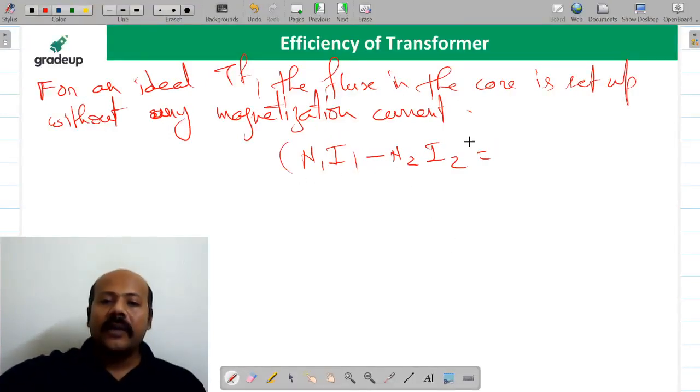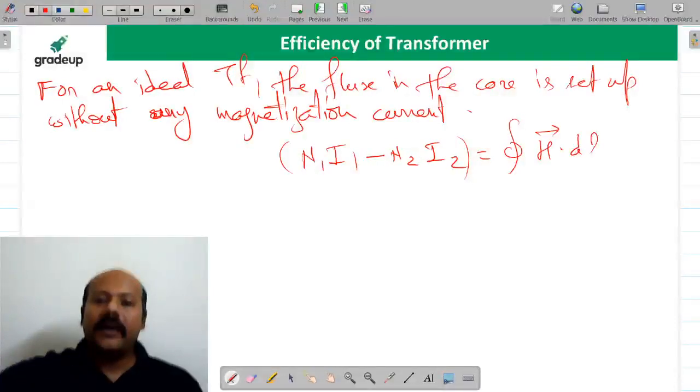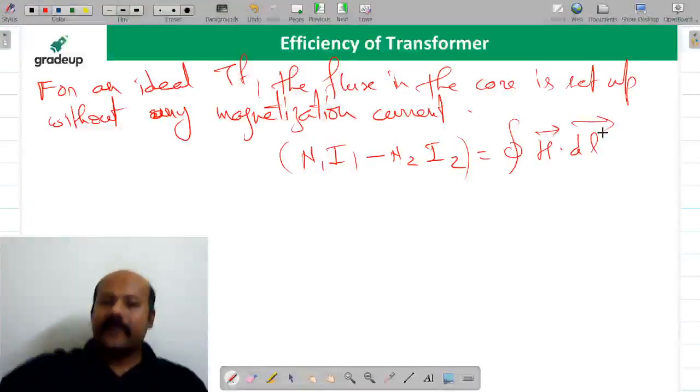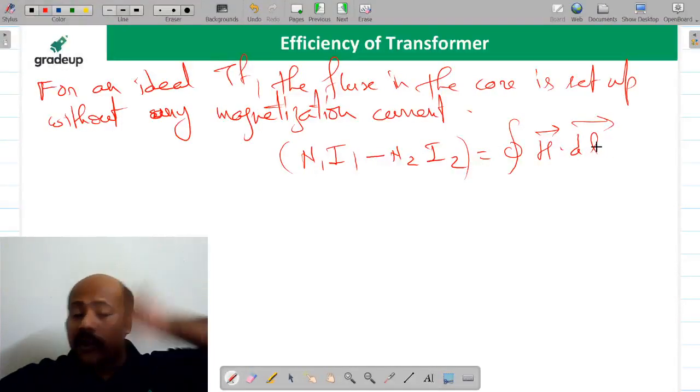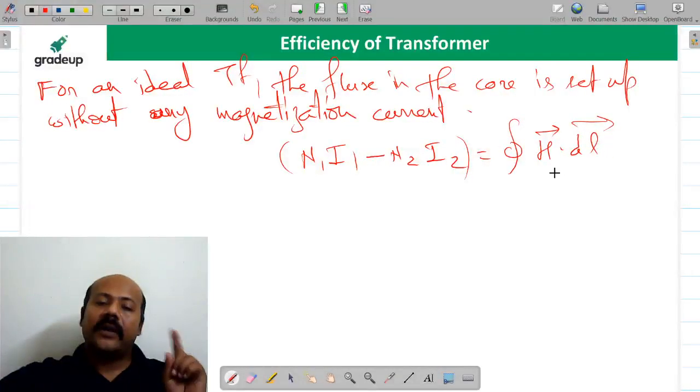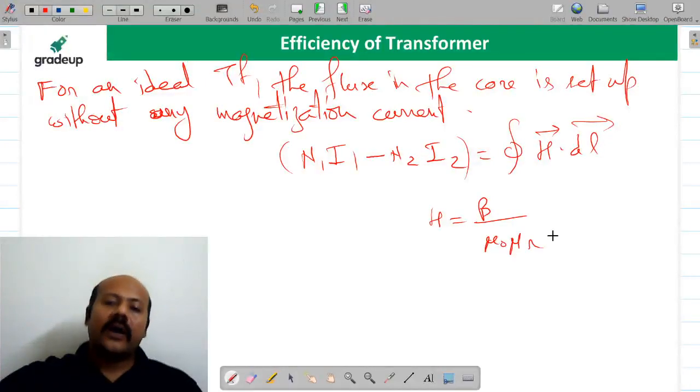Do you remember the Ampere circuital law? This has to be H dot dl. Do you remember this? When we were discussing the magnetic circuits, we discussed this. This MMF total current is going to be how much? H dot dl for this closed contour across this core. And what is this H? H is going to be B upon mu naught mu r.